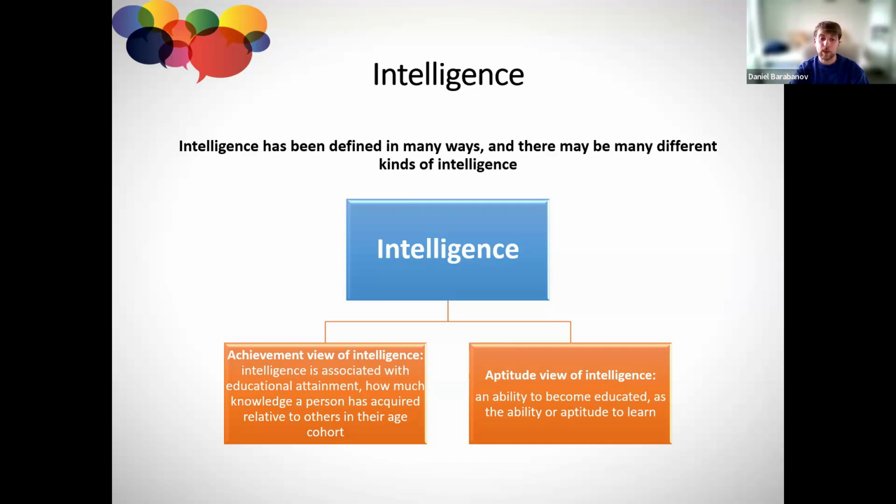Basically, if we speak about modern views on intelligence, all theories can be divided into two big groups. The first group of theories is the so-called achievement view of intelligence. In these theories, intelligence is associated with educational attainment, how much knowledge a person has acquired relative to others in their age and cohort.